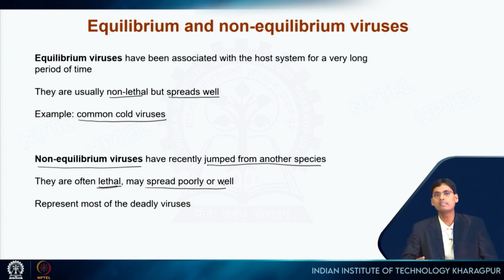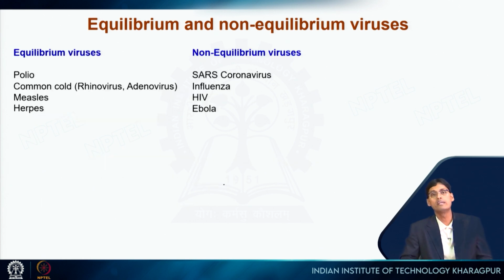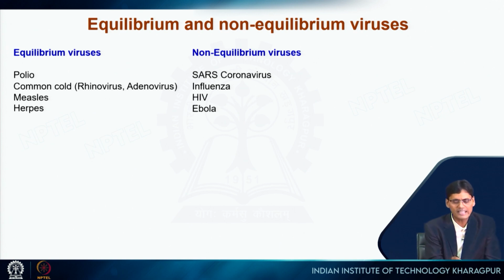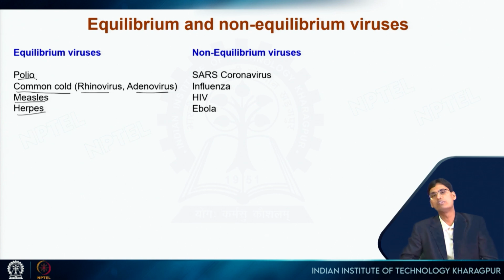Examples of non-equilibrium viruses are mostly various deadly viruses. In the next slide, I will explain with more examples. As I already mentioned, equilibrium viruses include common cold, rhinovirus, adenovirus, then measles, herpes, polio; all of them are equilibrium viruses.